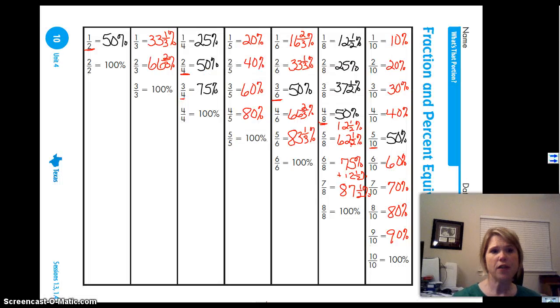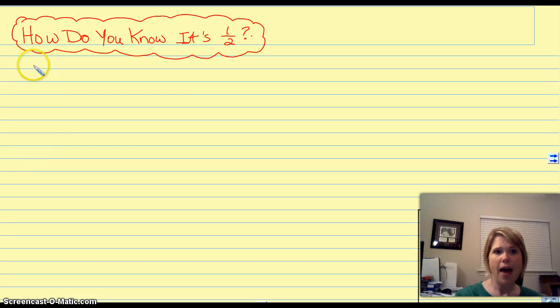Okay? Hopefully you are saying that when the numerator, let's go ahead and jot this down. When the numerator is what? How is it going to compare to the denominator? I'm hoping that you're saying half is half of the denominator.